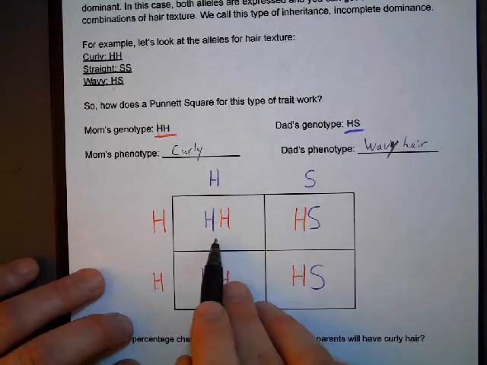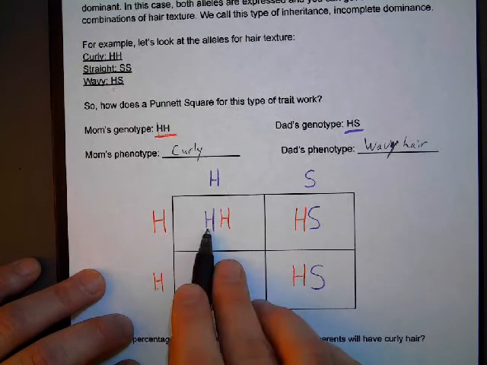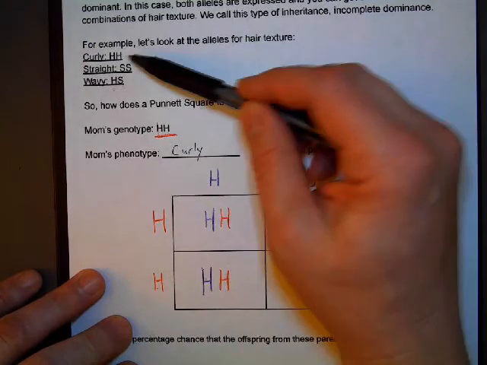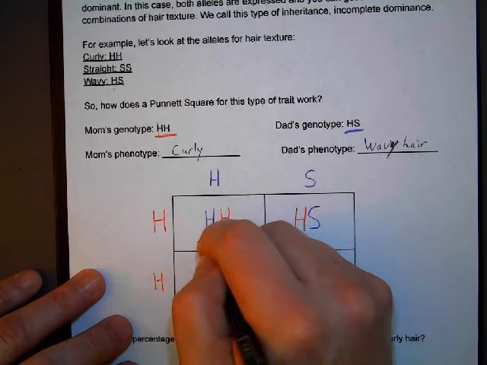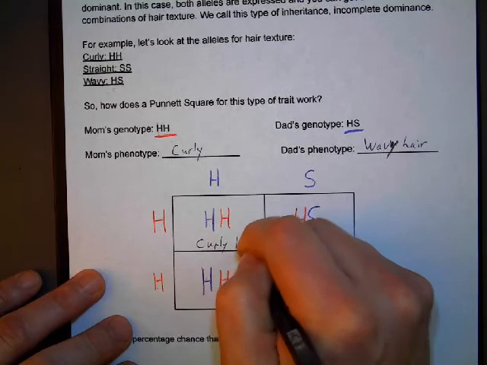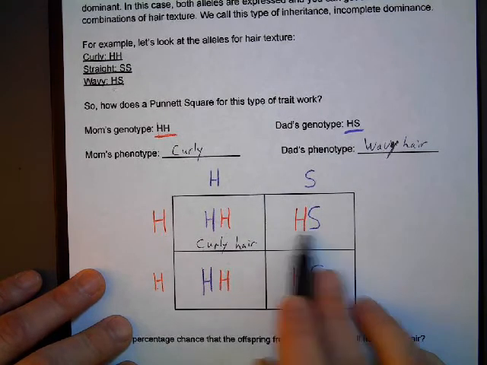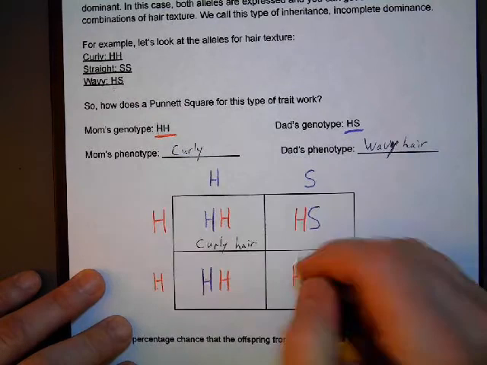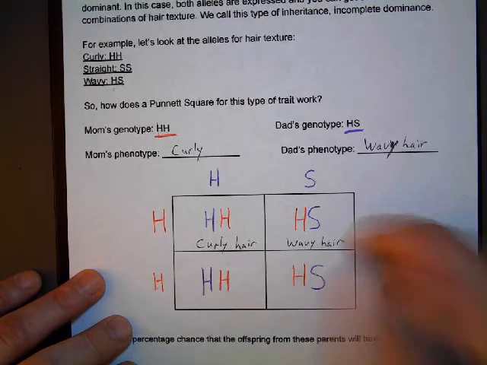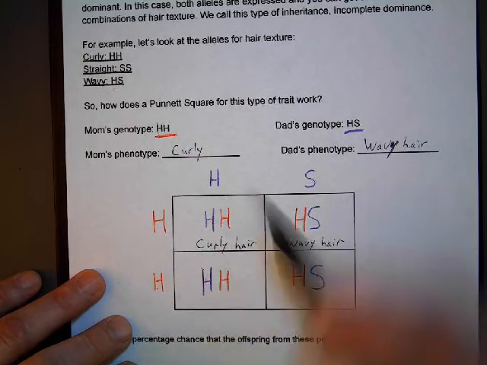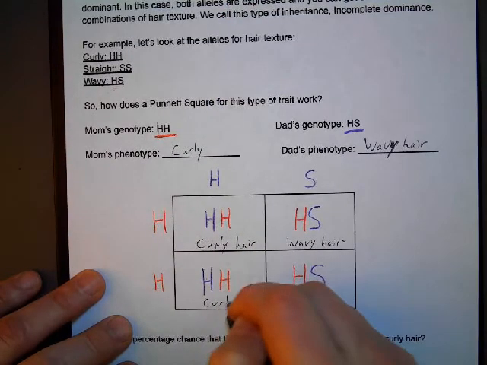And just like any Punnett square, what I like to do is write the phenotype that results from the genotype. So HH, I'm going to look back up here at my key. Capital H codes for curly hair. So I'm going to write curly hair here. And I spelled it right this time. Capital H, capital S, this codes for wavy hair. Capital H, remember this would code for curly hair.